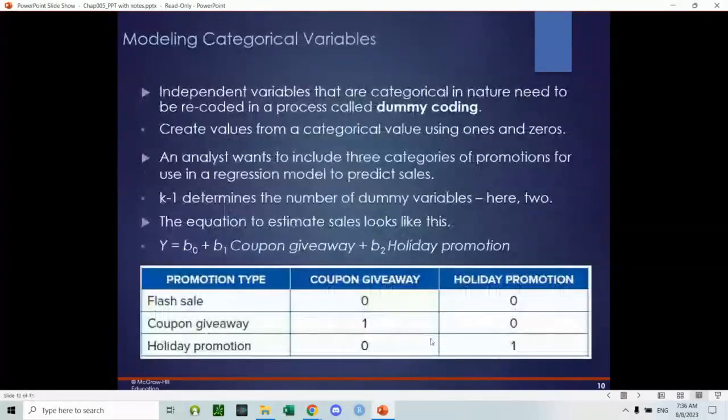To determine the number of dummy variables needed, use the formula k minus 1, an equation that is similar to the process shown on the slide to provide the results. Maybe we'll look more at this in class, but there's something called the dummy variable trap that we'll also talk about. When you introduce all these dummy variables, you can create a form of bias. So generally you have to create k minus 1 variables.